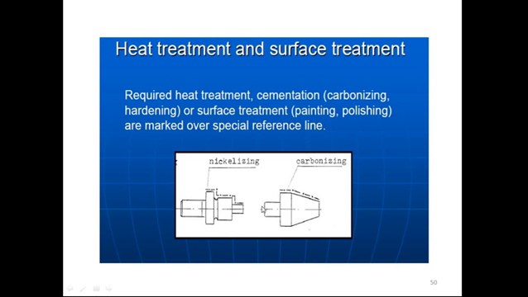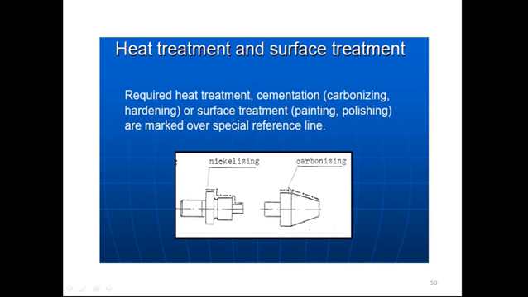The same thing here, one more example. One more component is here, and over this component we show a dotted line. It means here we want to perform one kind of special operation, and that operation is carbonizing. We are going to do this carbonizing operation on these surfaces of our component.